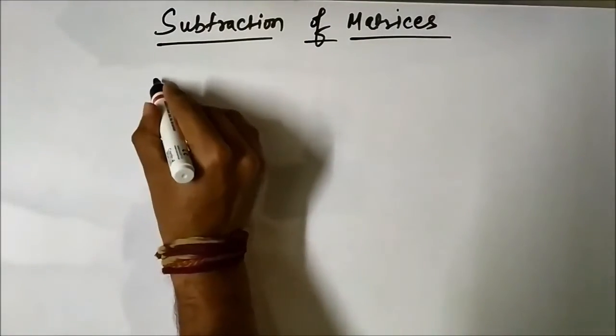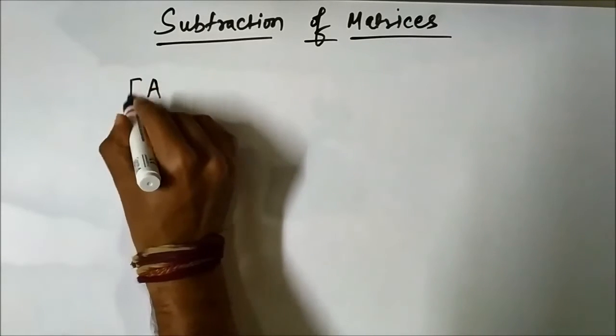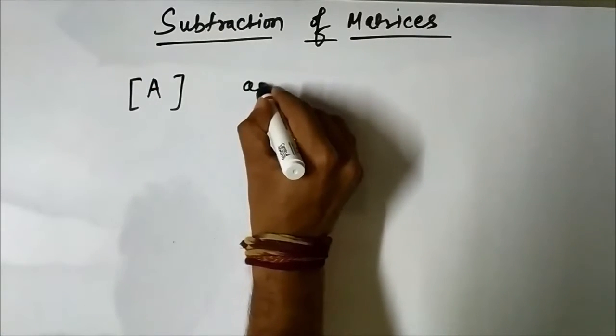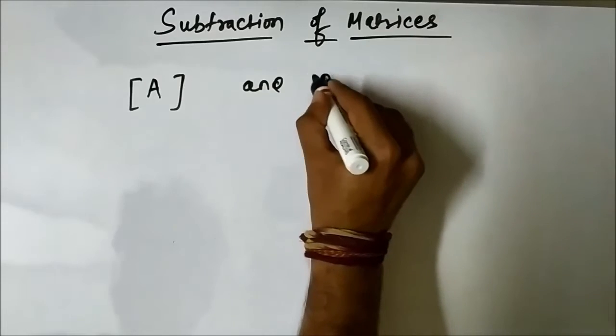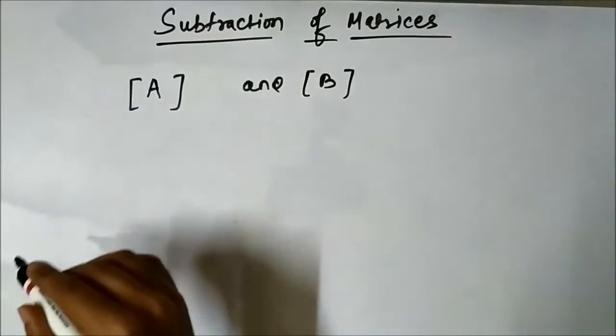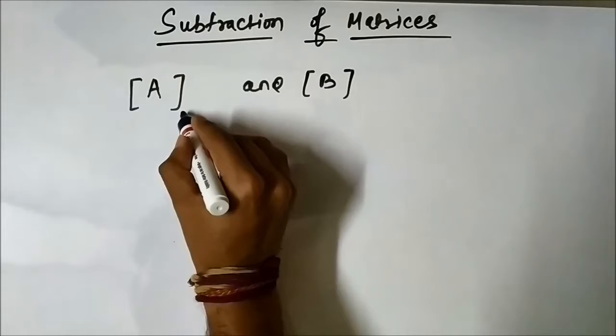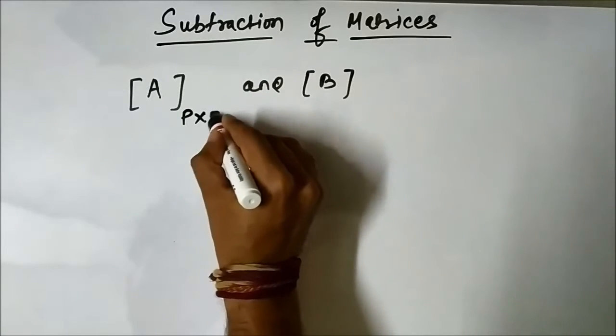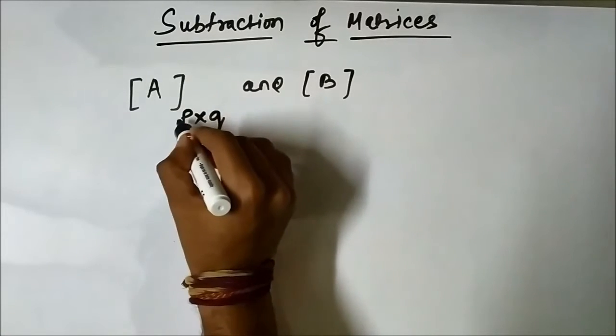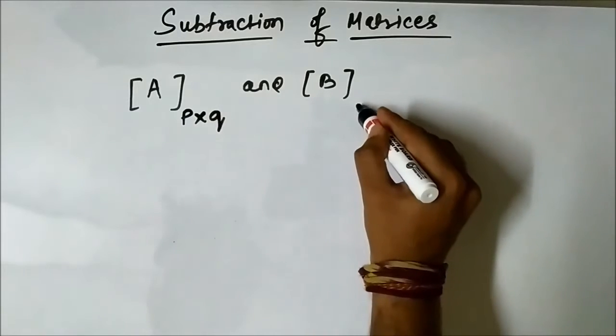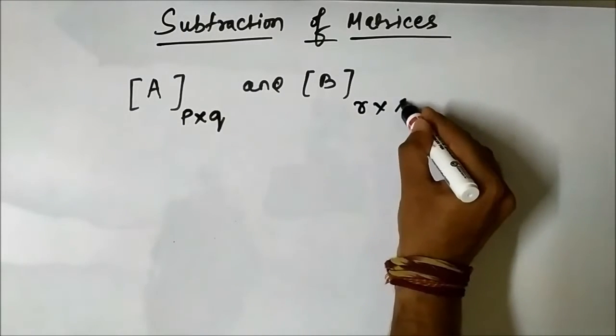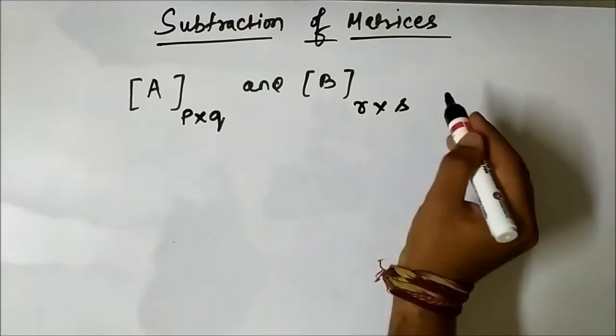Let's say we want to subtract two matrices A and B. This is the order of the first matrix, P rows and Q columns, and this is the order of the second matrix, R rows and S columns.